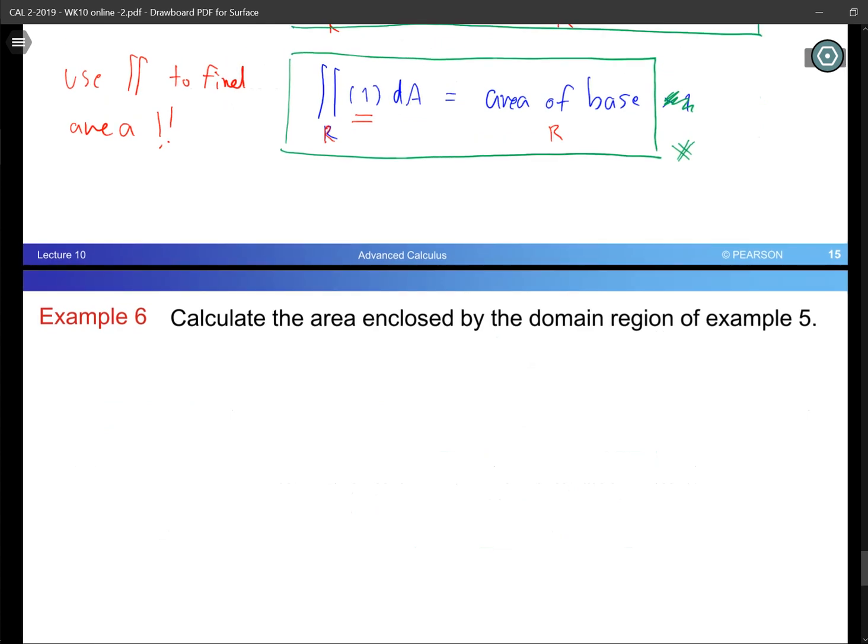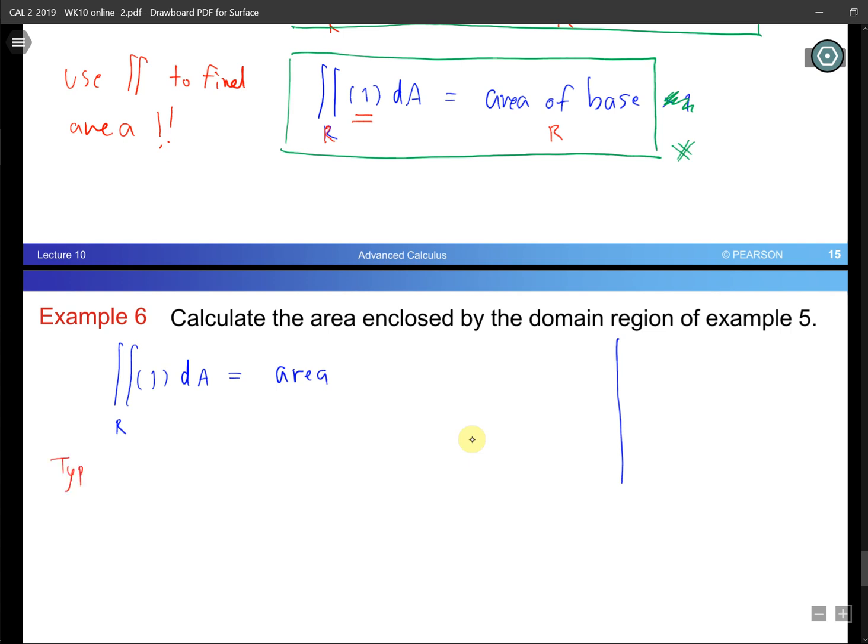Alright, so we have this formula ready. So let's do the integration. We have this formula, double integration of 1 over the region, and it's going to be the area that we want. Now in this case, since the problem doesn't tell you the order of the integration, you are supposed to determine the type of the region that we are working on.